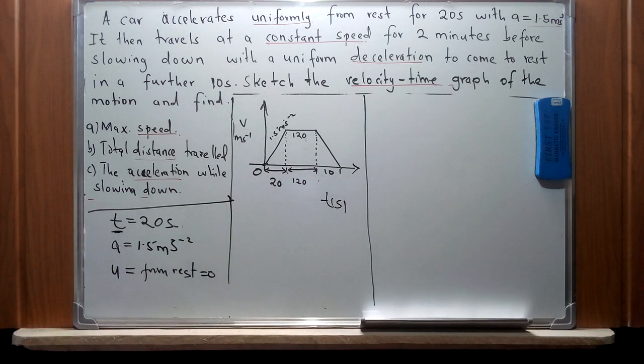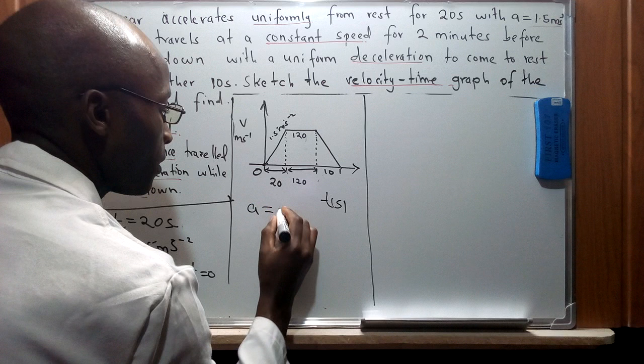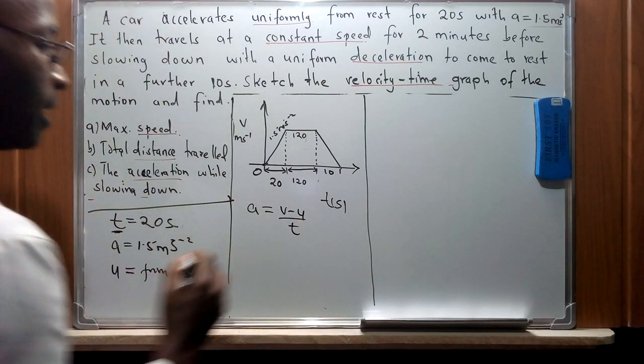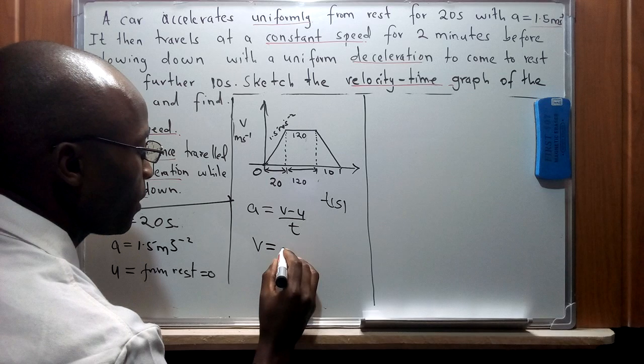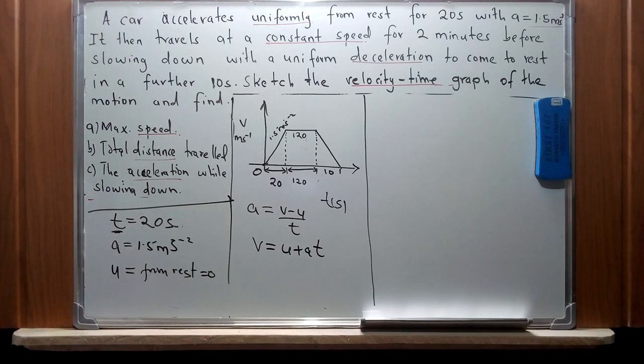So now we can find final velocity from this set of information. From a rearrangement of acceleration, which is final velocity minus initial velocity over time, final velocity is equal to u plus at. It is just a rearrangement of that formula in order to come up with that one.